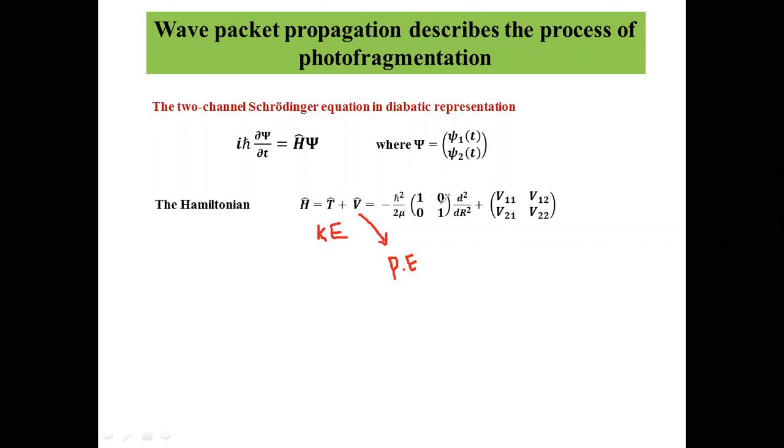So I'm going 1 0 0 1, and this is minus h bar square by twice mu d square by dR square. So that is basically the momentum operator, right?